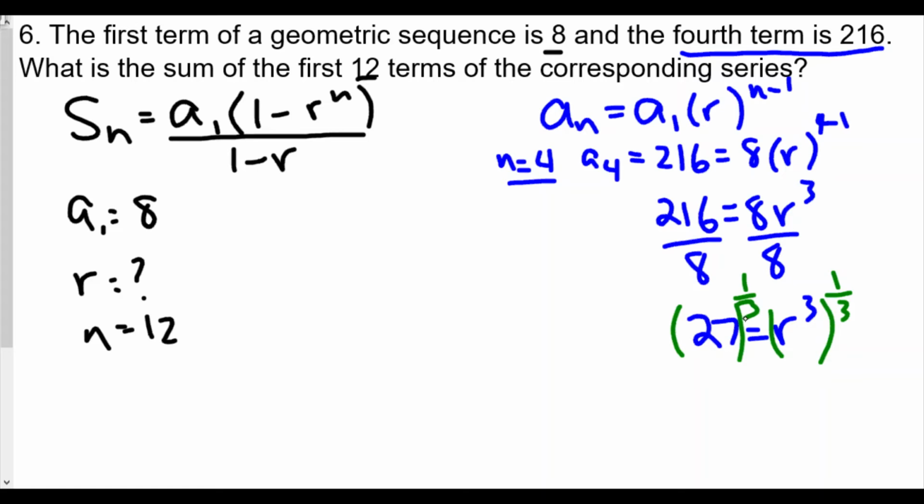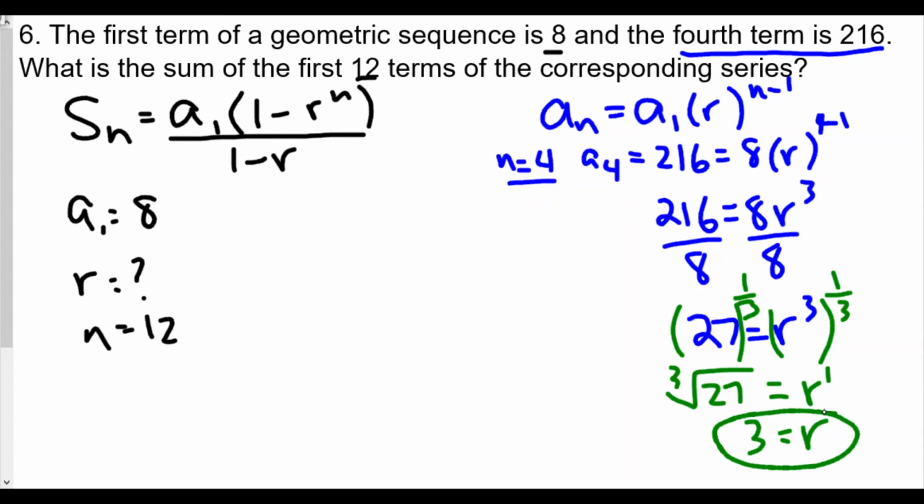You raise both sides to 1/3, really taking the cube root of 27. On the r side, when you raise a power to another power, you multiply exponents, so 3 times 1/3 is 1. And so r is equal to the cube root of 27, which is 3, because 3 times 3 times 3 is 27. So we now have our r value.